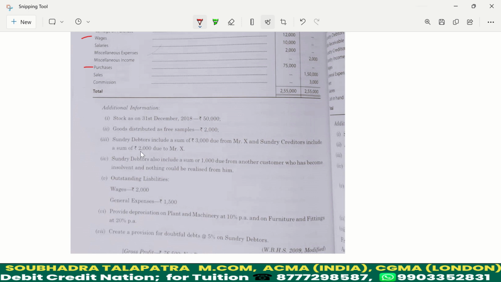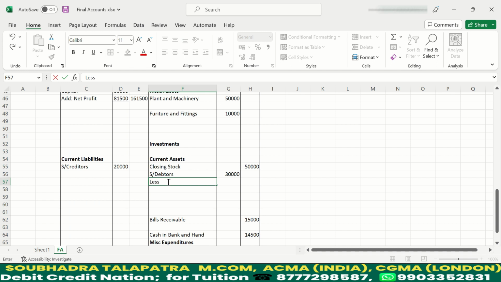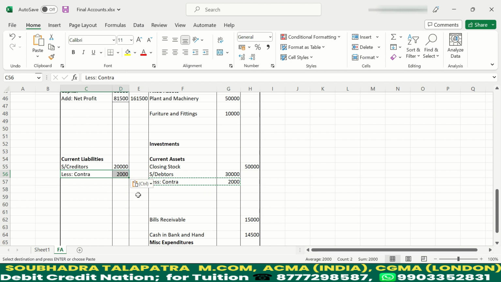So what did I eliminate? I eliminate the lower amount, right? So if you see such kind of adjustment, you need to find out the lower amount and deduct it from both debtors and creditors. So come here, less contra, or you can call it less set off. Okay, 2000 from here, same from creditors, less contra.